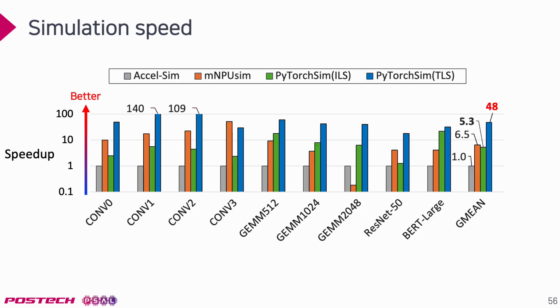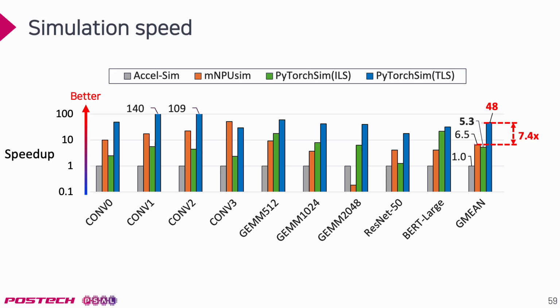In terms of the simulation speed, we are plotting the simulation speed of PyTorchSim and other simulators normalized to that of XLSim. Compared to XLSim, we can achieve 48 times speedup overall. And the high-level simulation enabled 9x speedup compared to PyTorchSim running in the instruction level simulation mode.